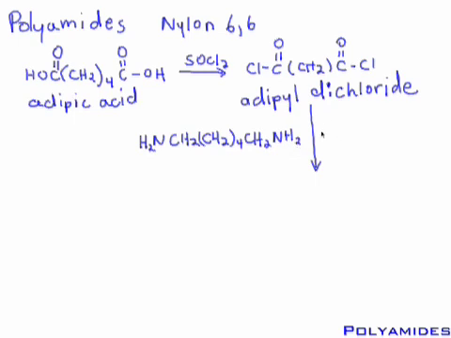That's a good one to write out. Hexamethylene. Remember, a methylene is a CH2. By saying hexamethylene, we're indicating there's 6 CH2s, and off of the ends of the CH2s are 2 amines, so diamine.